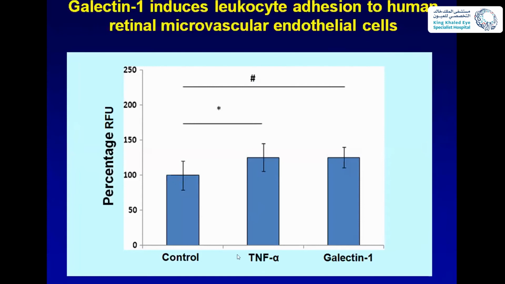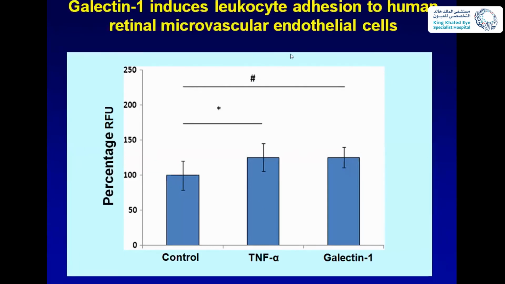It means that if you are treating with TNF-alpha, or treating with galectin-1, giving a shower of galectin-1, this galectin-1 level is increased and helps in the adhesion. In endothelial cell, I'm talking about the retinal microvascular endothelial cell. And under the same condition, when treated with galectin-1, it is just working like the TNF-alpha. It increases the adhesion.